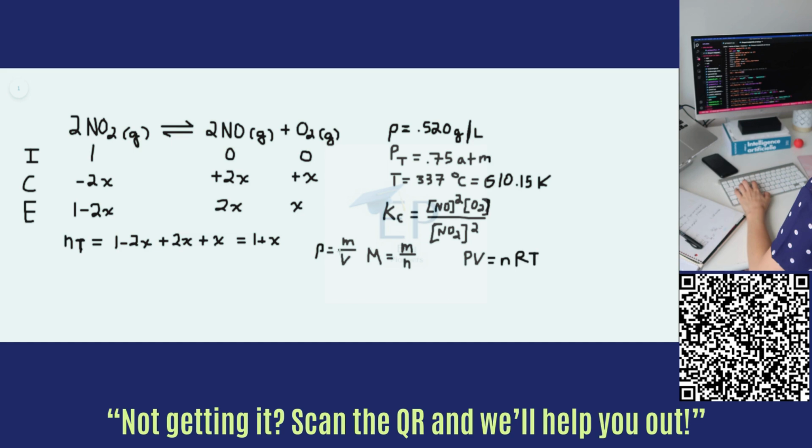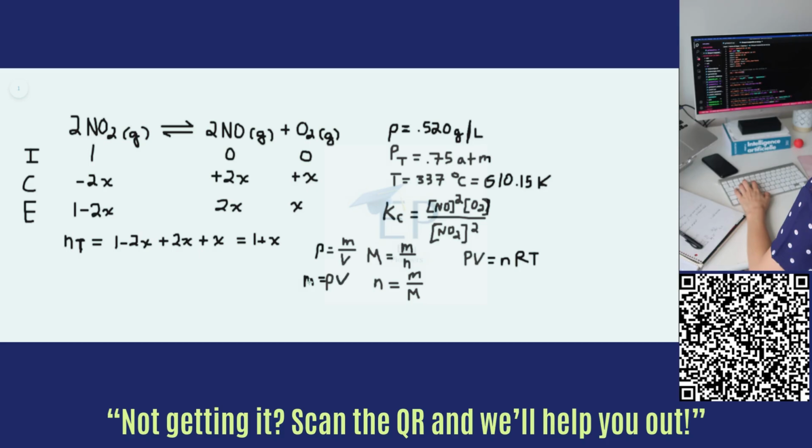And we can rearrange these so that we can get the number of moles in terms of other values that we might know. So if we rearrange this, we can get n equals mass over molar mass, and we can rearrange density to be mass equals density times volume.